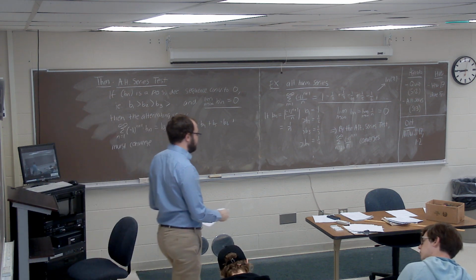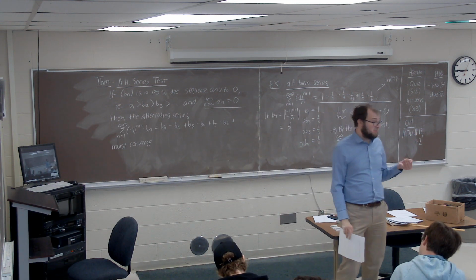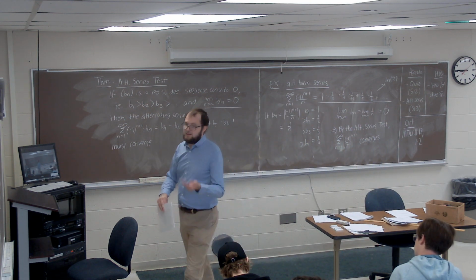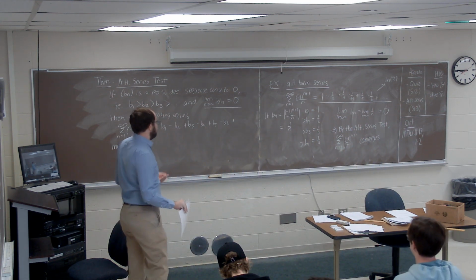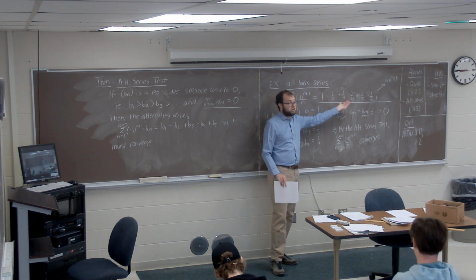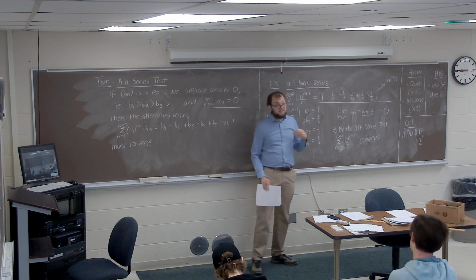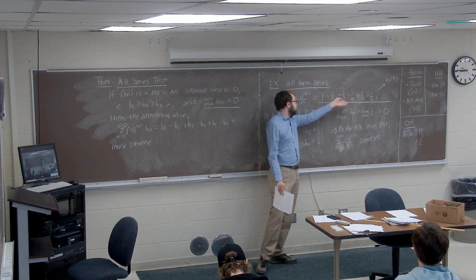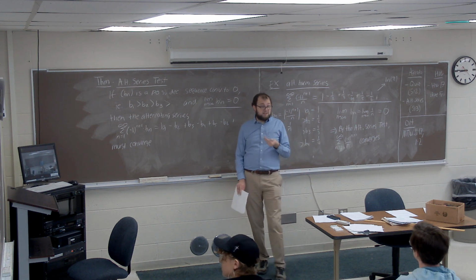Our example of this would be the alternating harmonic series, where if we take the absolute value of each term and add them all up, it's a divergent series, but without taking absolute value of each term as is, it's convergent.